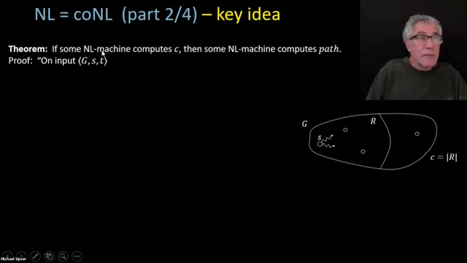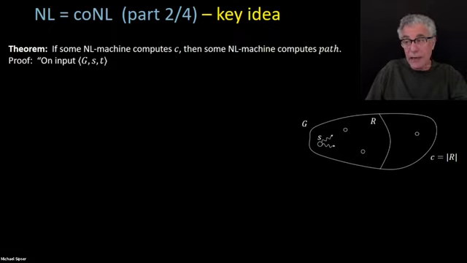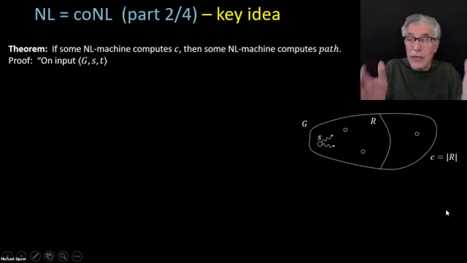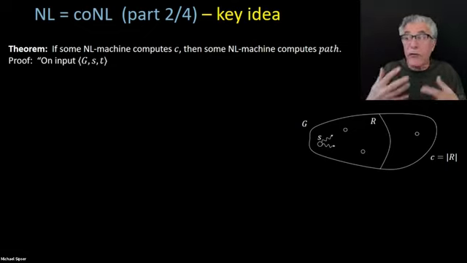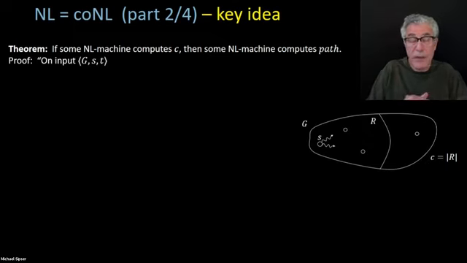So suppose some machine can compute C, the count, the number of nodes reachable from S. I'm going to use that to solve path, the path function, to test, yes if there is a path, or no, there is no path for each node T. So if I know how many nodes are reachable, then I can solve for individual nodes, which is strange that you can do.